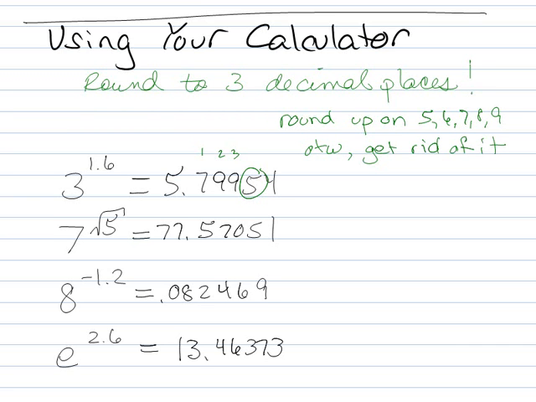So since I have a 5, that means I'm going to round up. So the 9 rounds up to a 0, and then that 9 rounds up to another 0, so that goes up to an 8. Another way to think about it is that the 799, if I add 1, I'm going to get 800. So that's going to round up to 5.800. It's important to include all those zeros because you are rounding to 3 decimal places.